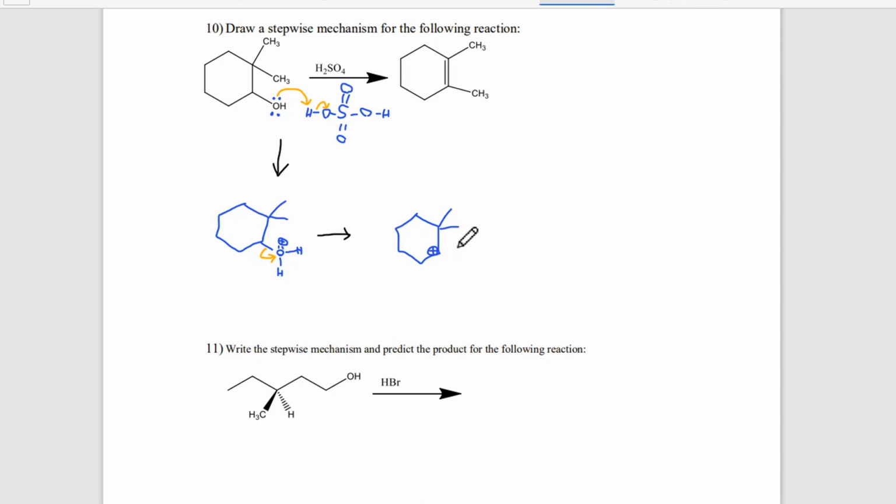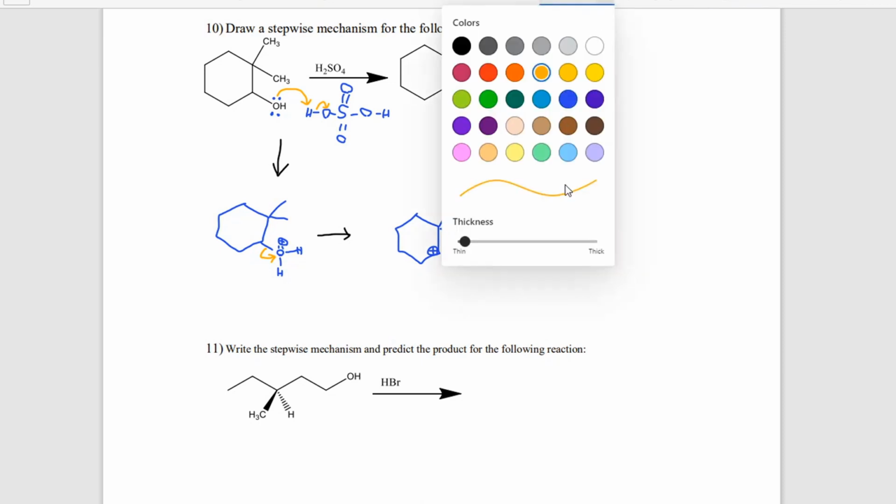A methide or hydride shift? Yeah, a carbocation rearrangement. We need to make sure that we're looking for carbocation rearrangement, because anytime a carbocation can form, you can have carbocation rearrangement. Now, will you have carbocation rearrangement in this case?